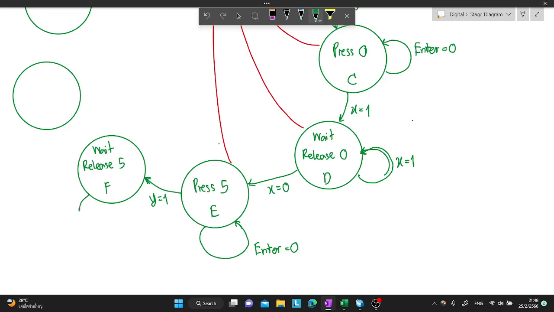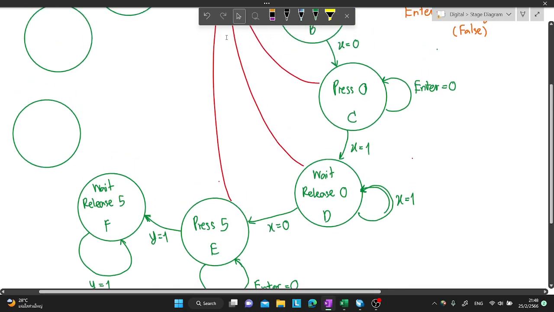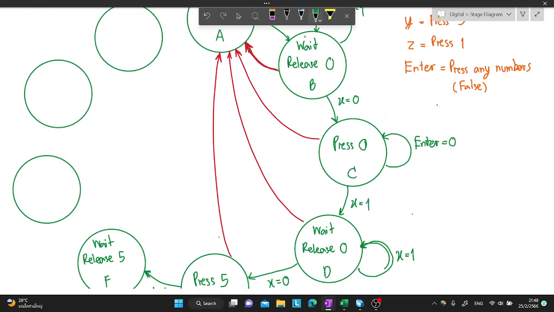If I still press, it's still in stage F. And then if I mess up again, if I press anything wrong again, it goes to A.